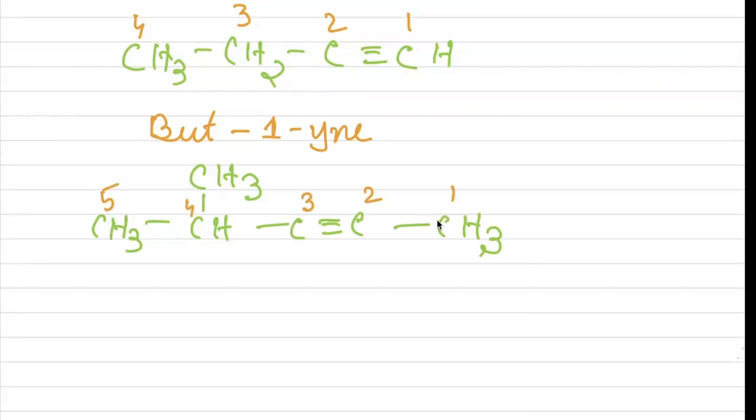So the name will be: on the 4th carbon atom a methyl group is present, 4-methyl pent. The carbon triple bond carbon is present between the 2nd and 3rd carbon atom. So it will be 2-yne. Clear?